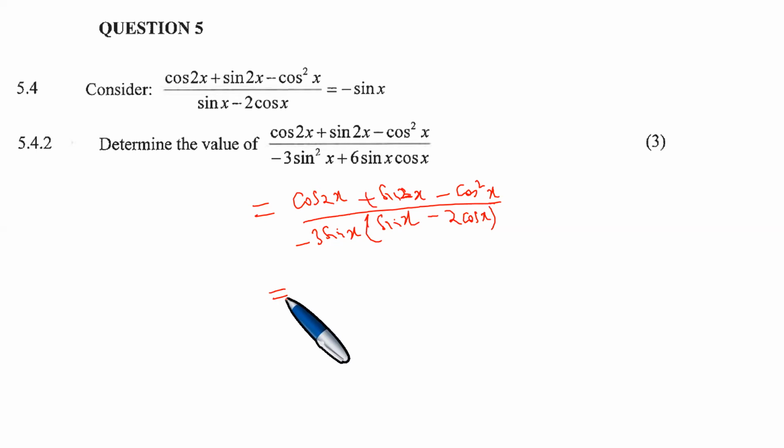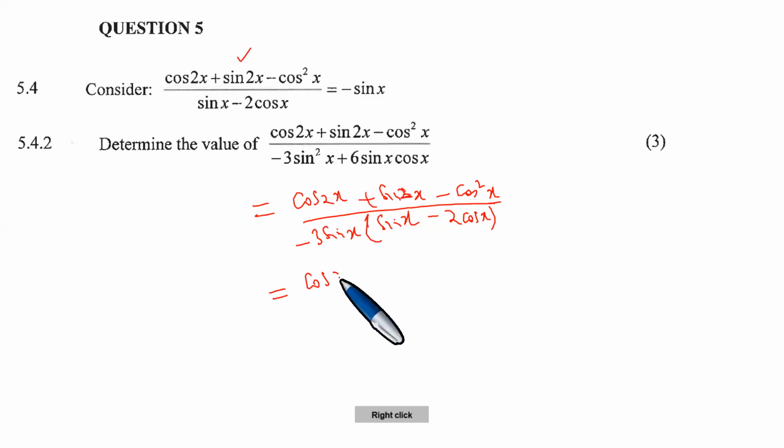So we have this. So we can separate this one and write it in view of this one. Okay, you have the cosine 2x, the sine 2x minus cosine squared, but you also have the sine and the minus cosine in the denominator. So which means that we have the cosine 2x here, right?